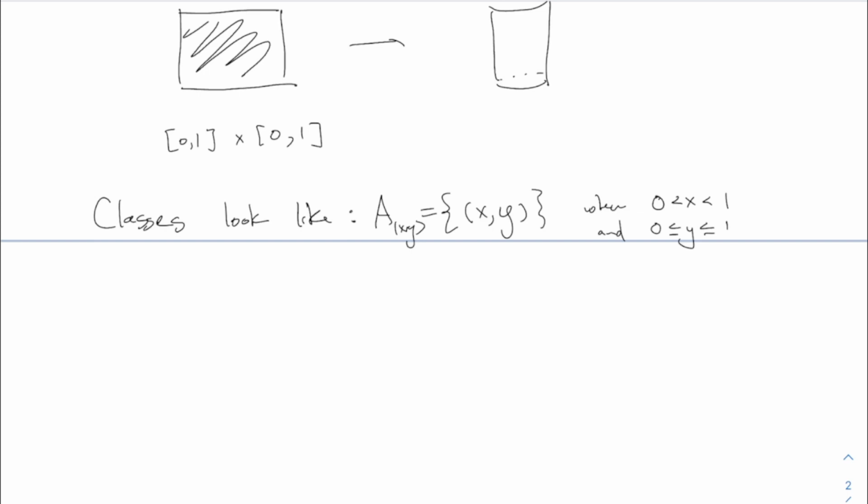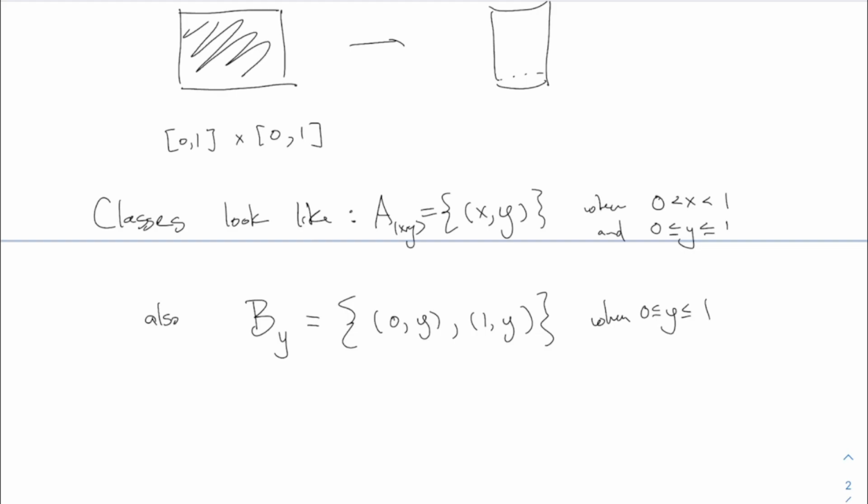And then there are also sets that involve gluing the left side to the right side. So this would be, I'm going to say B_y. And these look like 2 points, (0, y) and (1, y). Again, y can be in this range.